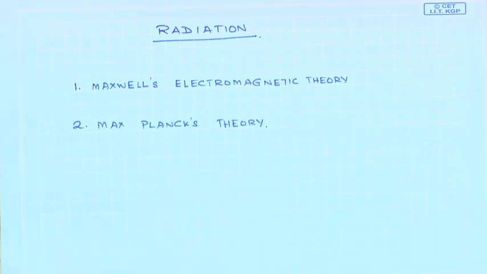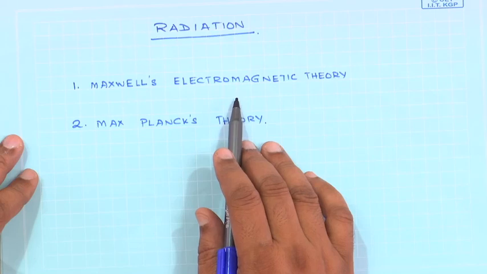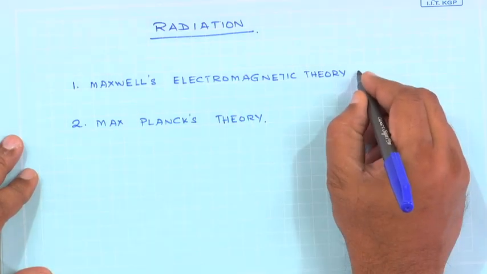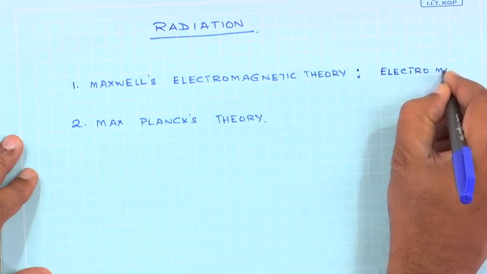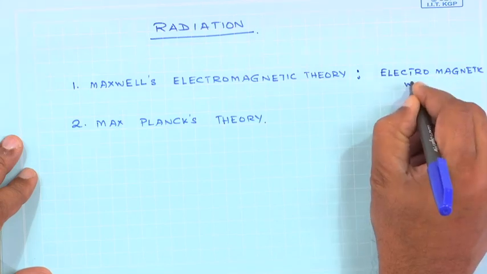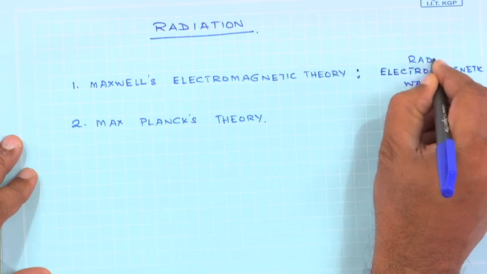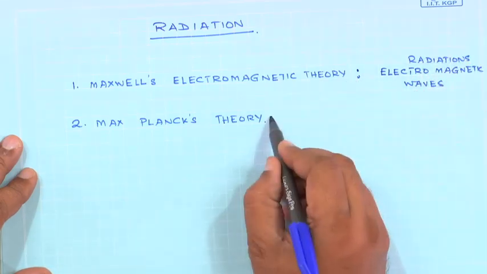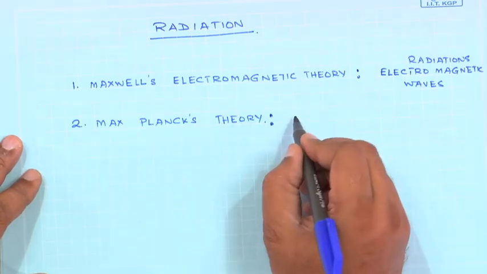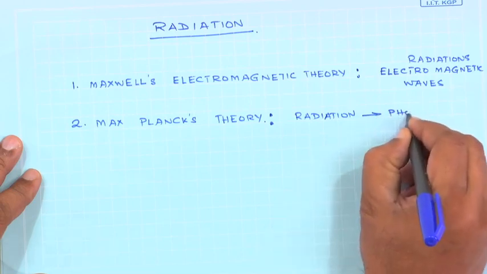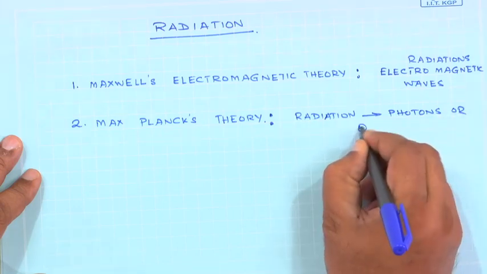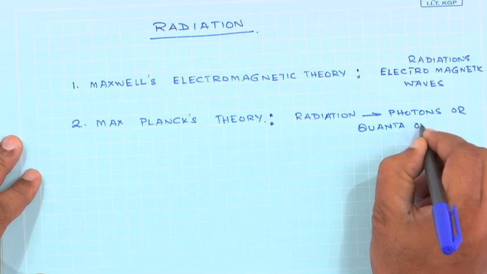So, apart from the properties of the surface, we should also be aware from the first class itself that radiation can be explained either using Maxwell's electromagnetic theory, where radiation is treated as electromagnetic waves, or in Max Planck's theory, where the radiation is treated as photons, or in other words, quanta of energy.